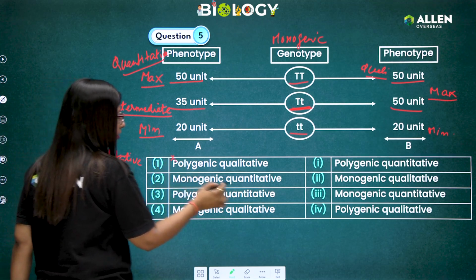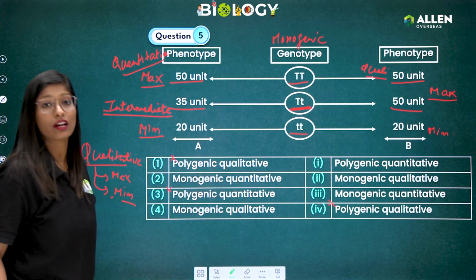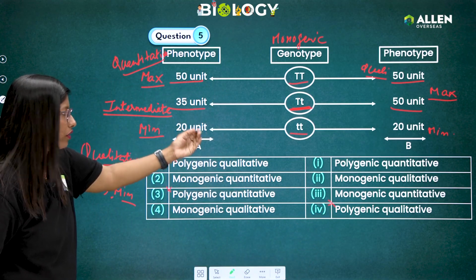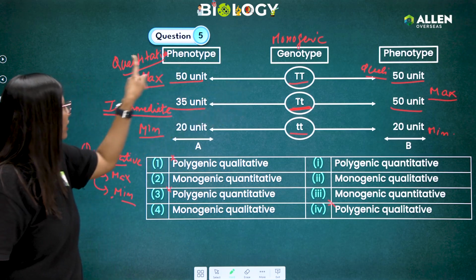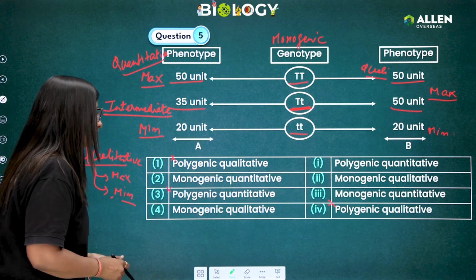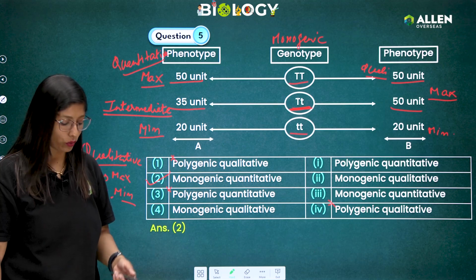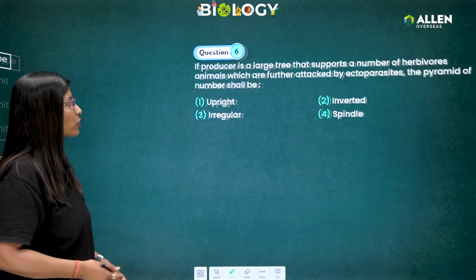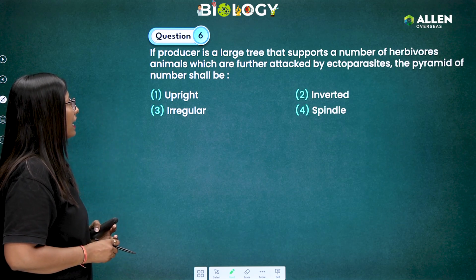So polygenic cannot be the correct answer. Also, we have already solved that A represents a monogenic quantitative character and B represents a monogenic qualitative character. So our answer becomes option number 2. Clear?